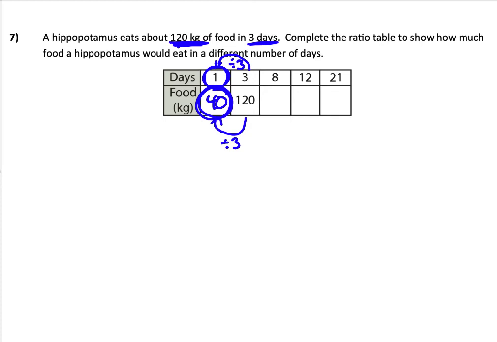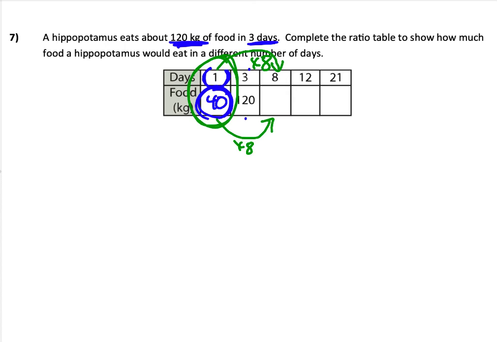Now I'm going to look to grow to other rates. So now let's go to 8. A good rule of thumb is that first column often is going to be very useful in getting to your other numbers. Like a 1 can turn into an 8 simply by multiplying times 8. So I do the same thing to my 40.